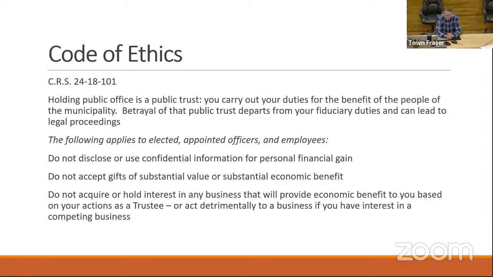And do not acquire or hold interest in any business that will provide economic benefit to you based on your actions as a trustee, or act in such a way that is detrimental to a competing business from you. And that's basically the Code of Ethics. You can get more guidance by following Title 24 of the Colorado Revised Statutes. And with that, I'm going to hand this off to Antoinette so she can talk about the municipal clerk duties.